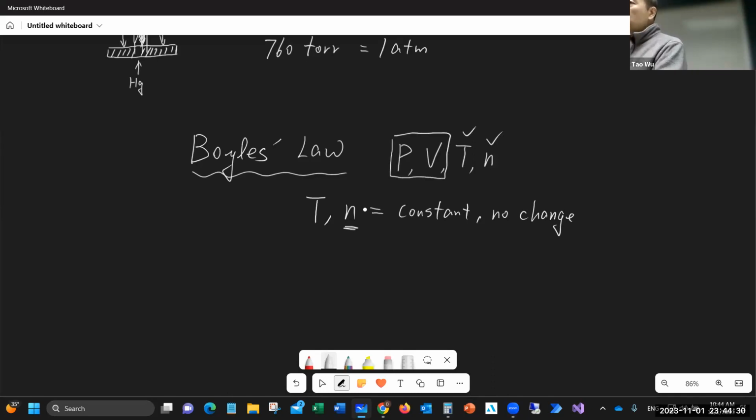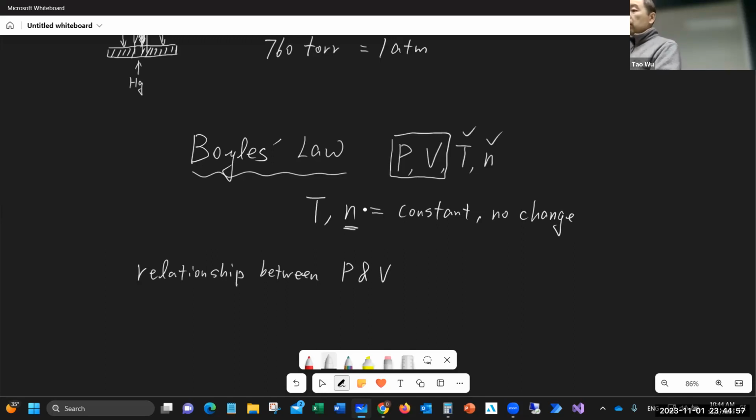So Boyle's law talks about the relationship between pressure and volume.